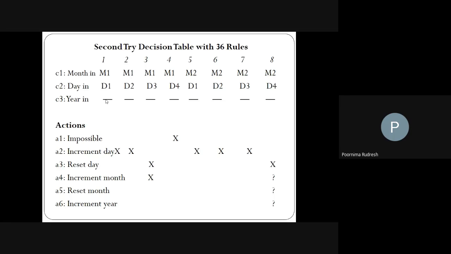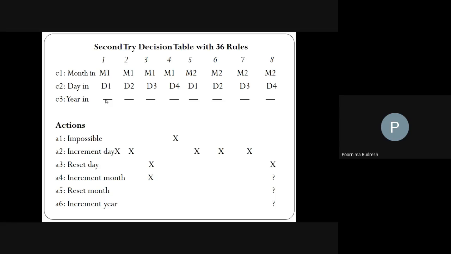So we'll see the second try decision table with 36 rules. So here the month is given as M1, M1, M1, M1, M2. So we are defining the set of rules, right? And we are considering the number of days in that and what will be the year. So based on the month, day and year, we are going to get the value.